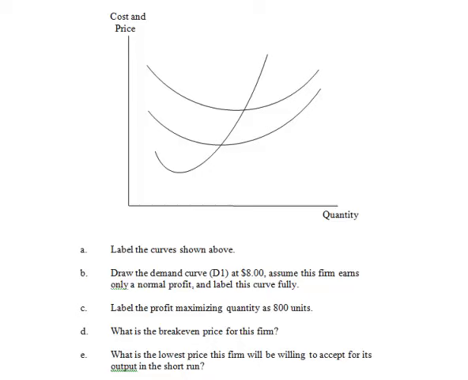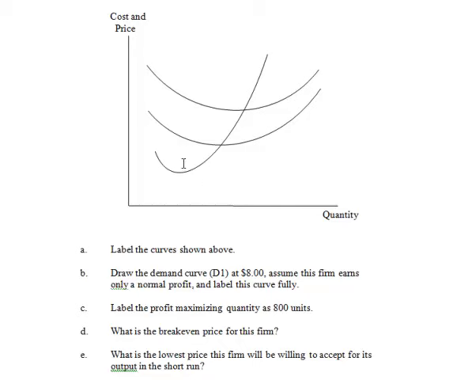Then it asks you, what is the lowest price this firm would be willing to accept for its output in the short run? Remember, the lowest price a firm will be willing to accept in the short run means, if they're losing money, what's the very least they'd be willing to lose? And that would be the amount when price is equal to average variable cost.